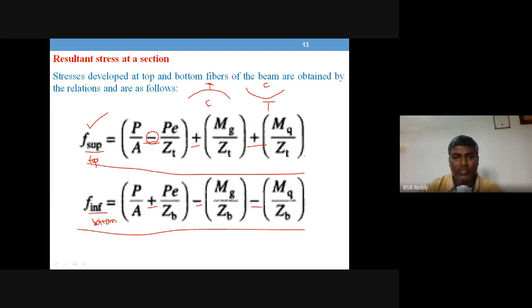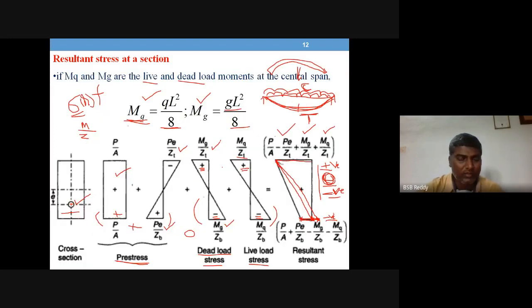So be sure, and it is easy to remember: pre-stress is going to have a hogging nature, and loads are going to have a sagging nature. So you can easily assess these directions, plus or minus. This is how the pre-stressed member is going to act when the loads come onto the section.